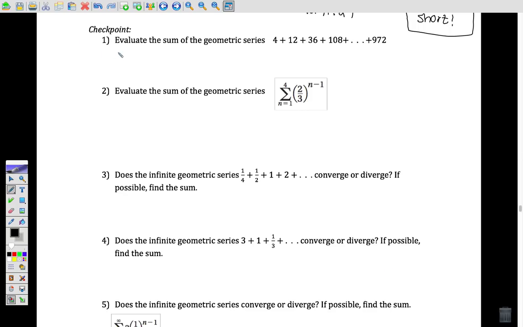And here are the answers. Number 1, the sum of 6 terms is 1,456. The sum of this geometric series with 4 terms comes out to be 65 over 27. Number 3, the common ratio was 2, so it diverges.